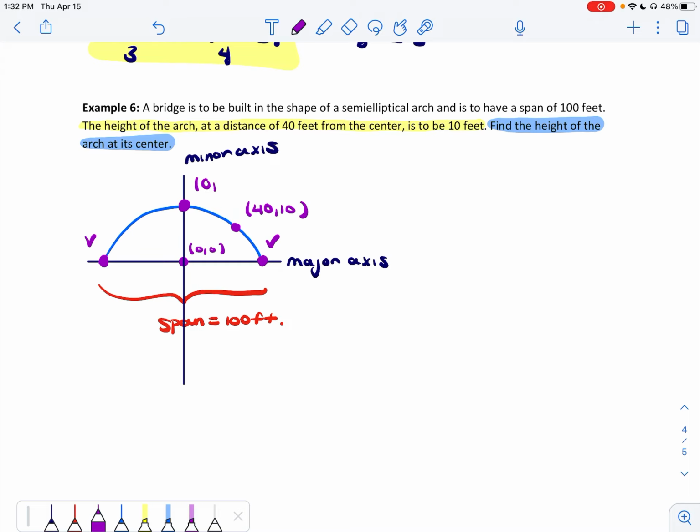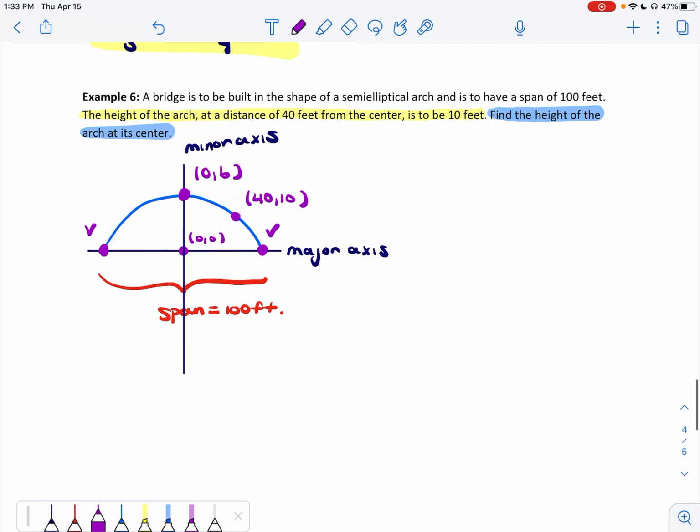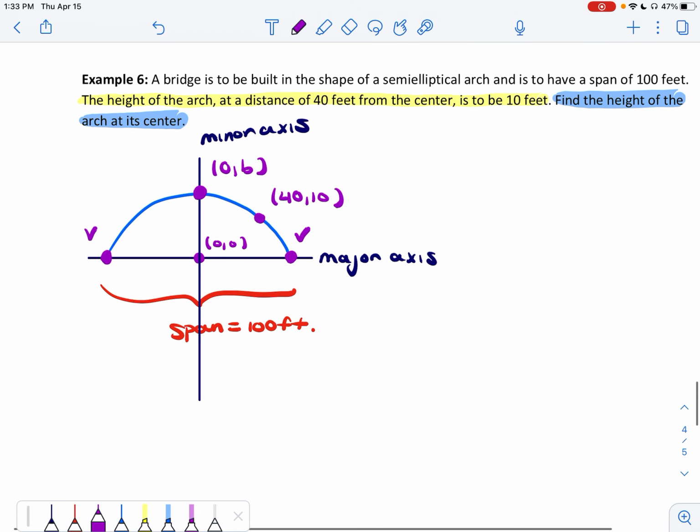So this would be at a point (0, b). If we can figure out what our b value is, then we can figure out what the height of our arch is.